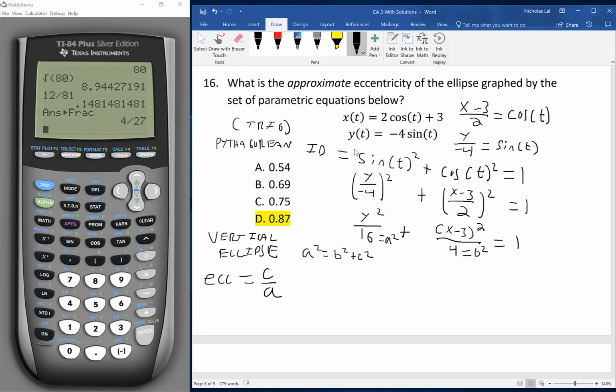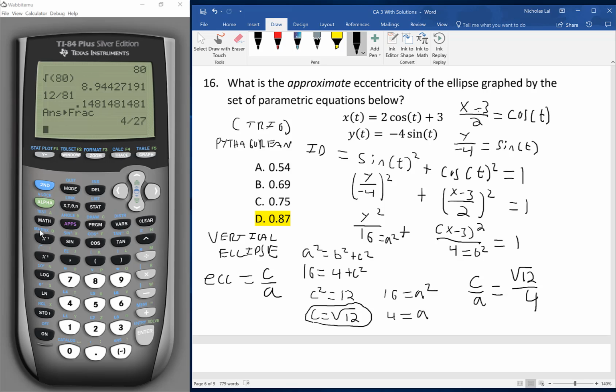So that means 16 is equal to 4 plus c squared, which means c squared is equal to 12, and c is equal to the square root of 12. And if 16 is equal to a squared, then 4 is equal to a, and eccentricity is c over a. So c over a is equal to the square root of 12 over 4.